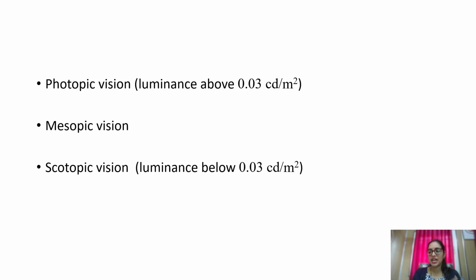Here the cones are active and you get good color vision. Mesopic is where both rods and cones are active, and most of our examinations should be done in this illumination. Scotopic vision is when the luminance is below 0.03 candela per meter square, and this is more a function of rods.